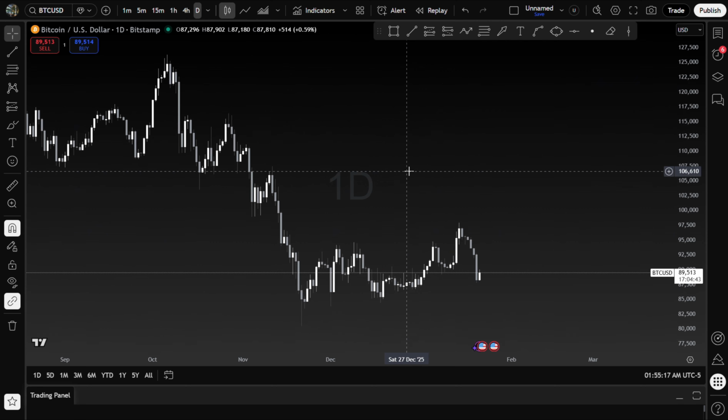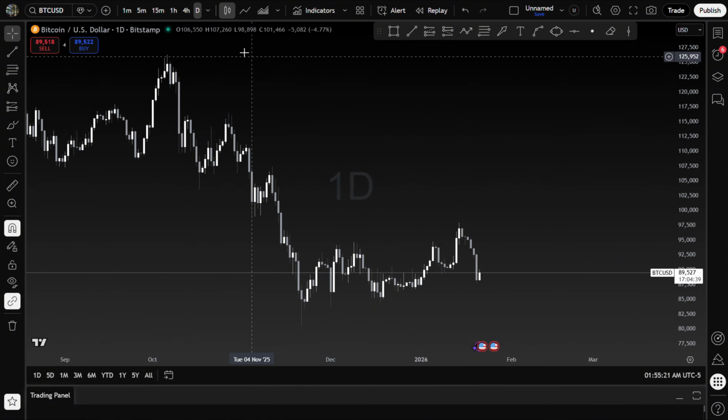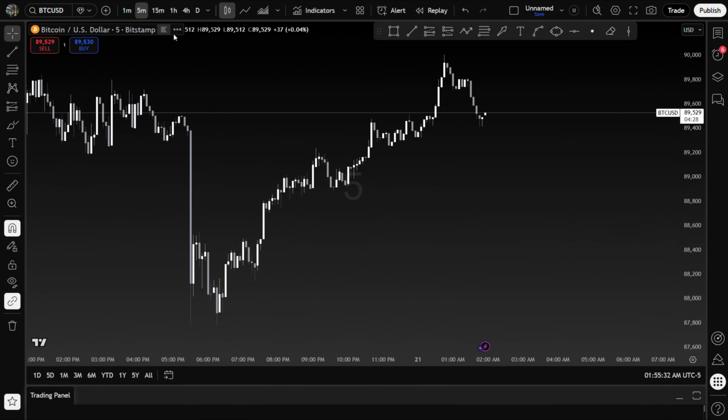A mistake that beginners make is staying stuck on one timeframe. You always want to zoom out first by using different higher timeframes, and then you can zoom back into the lower timeframes, such as the 15 minute, the 5 minute, and the 1 minute.